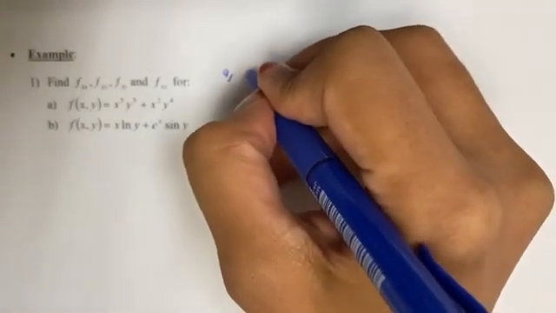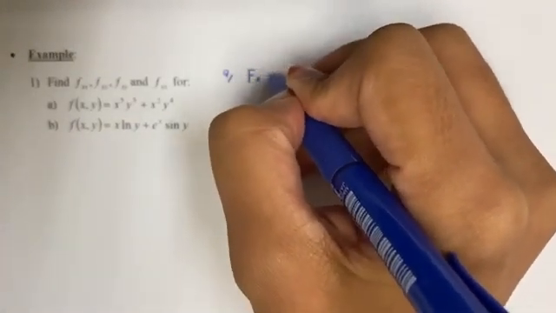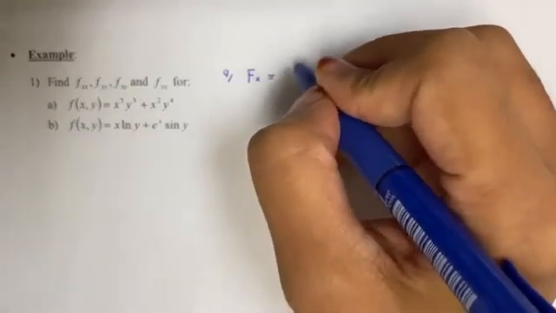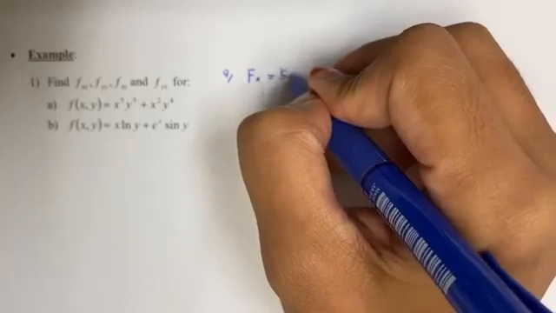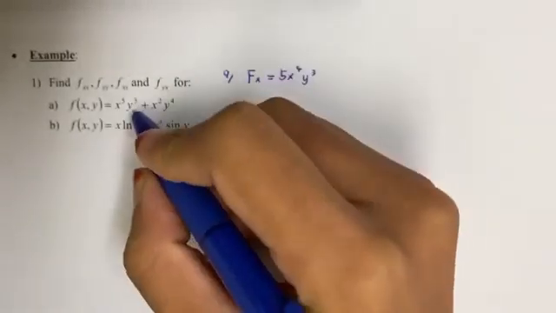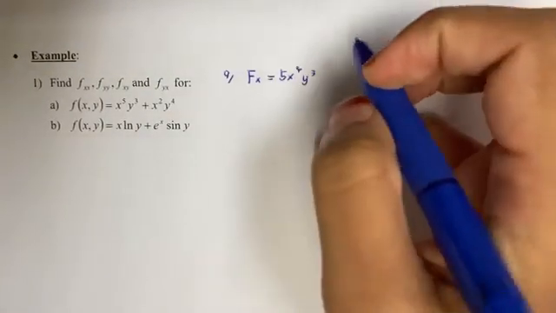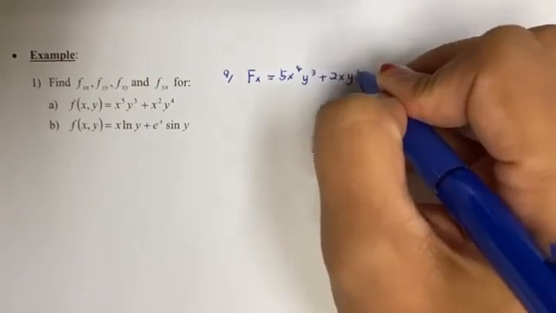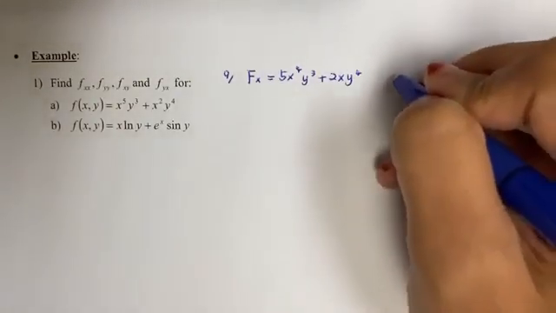So first, find what is f_x and f_y. Okay, so for f_x, we have 5x to the power of 4, y cubed, since y is constant, assume y is constant, plus 2x y to the power of 4. So we have f_x here.